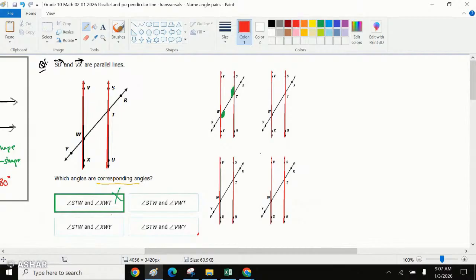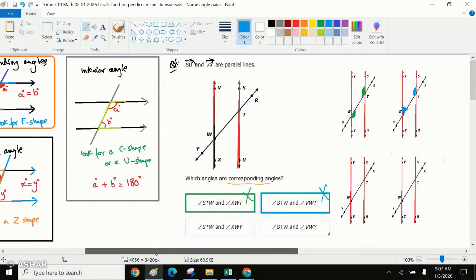The next one we have is STW, that is S, T and W. This angle goes with VWT, where V, W and T, right? These are not corresponding angles. They are interior angles because their sum would be 180, right?